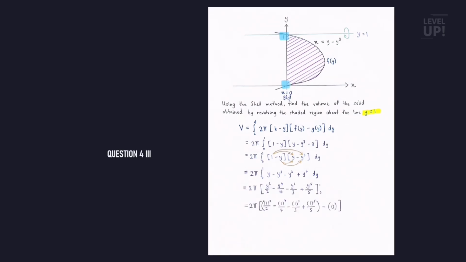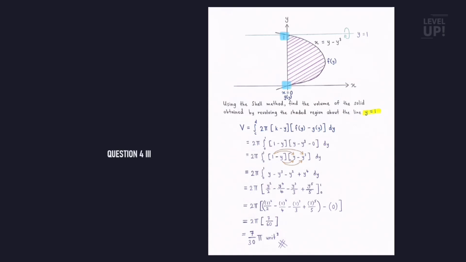Then, integrate all the terms from boundary 0 to 1. After the integration, substitute upper bound 1 and also lower bound 0. When we evaluate the upper bound minus the lower bound, we'll get 7 over 60. Then, don't forget to multiply with 2 pi. So, the final answer for this question is 7 over 30 pi unit cube.